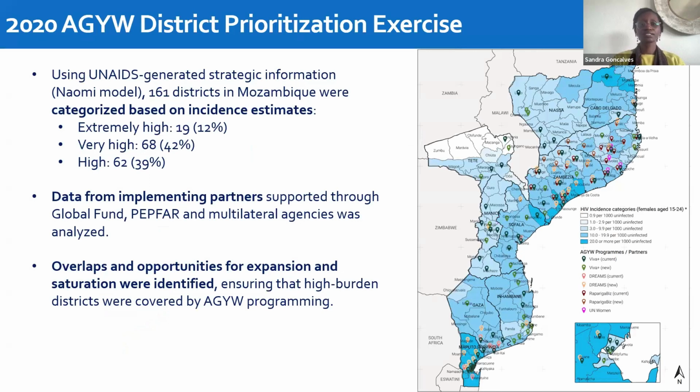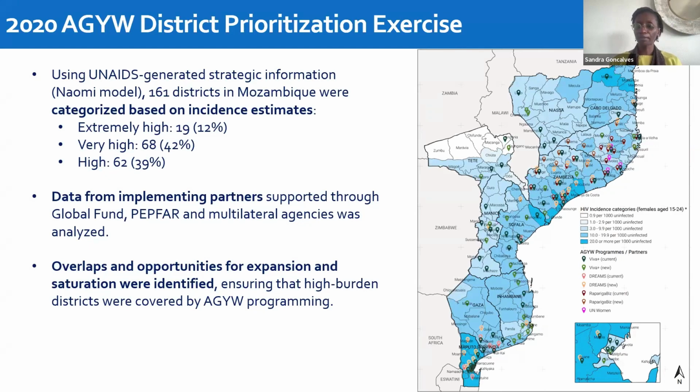So in 2020, the government-led Adolescent and Strategic Information Technical Working Group conducted a district prioritization exercise specifically for adolescent girls and young women. And from the map, you can see an overlay of AGYW HIV incidence that was obtained from the Naomi model, and it's overlaid with AGYW programs, so partner presence.